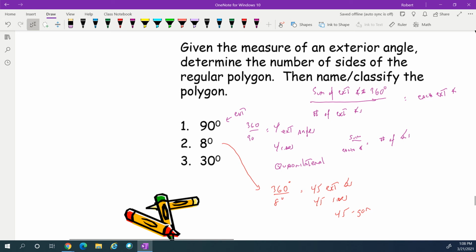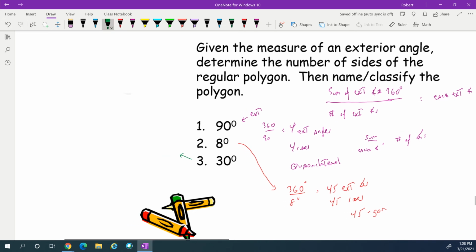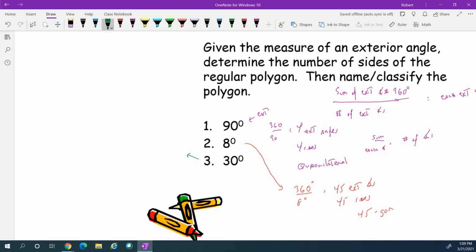And just to do one more, I'll bring it up here on the left. 360 divided by 30 tells me that there are 12 sides. So this is a dodecagon.